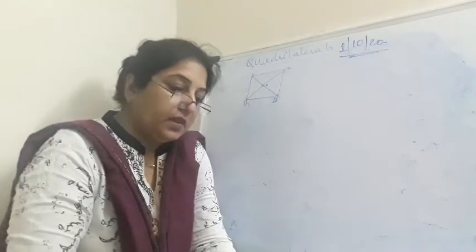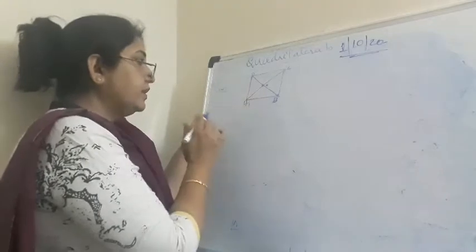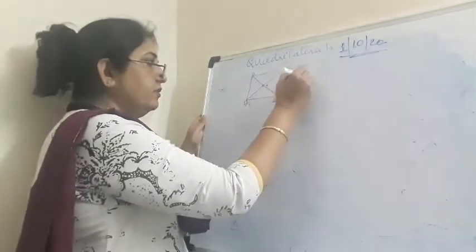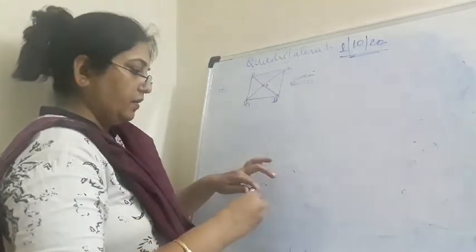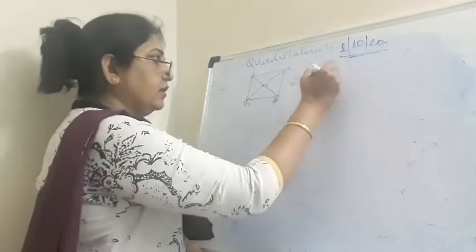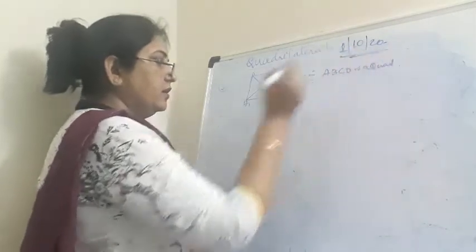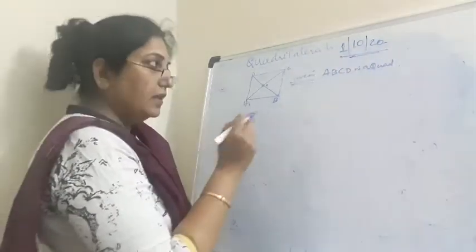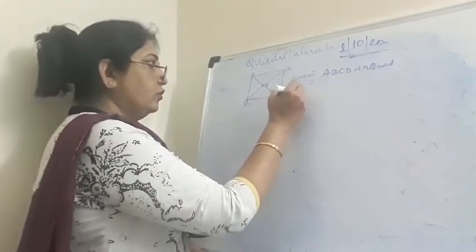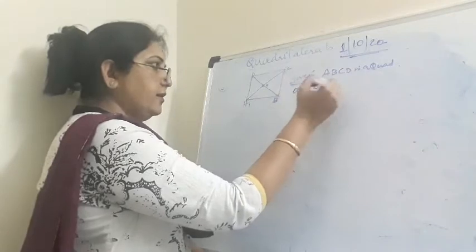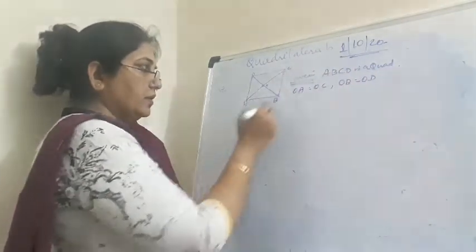Did you follow what I am saying? Okay, now listen and pay attention. The given points are that ABCD is a quadrilateral. Yes, it is a quadrilateral. Now they are bisecting each other, so therefore OA is equal to OC and OB is equal to OD, right?